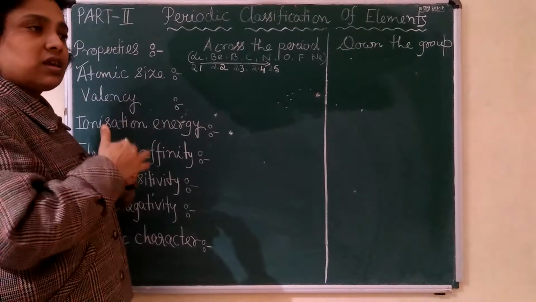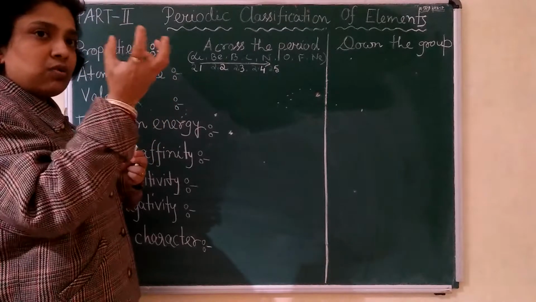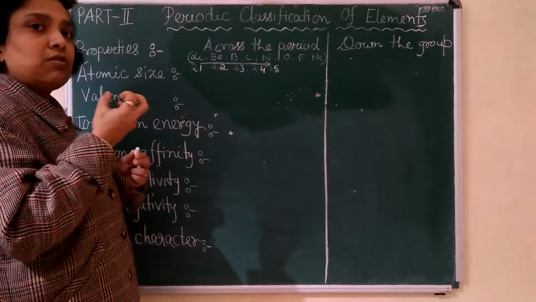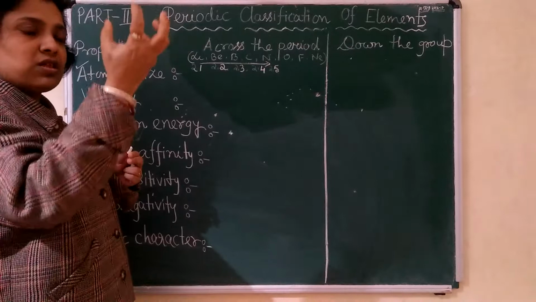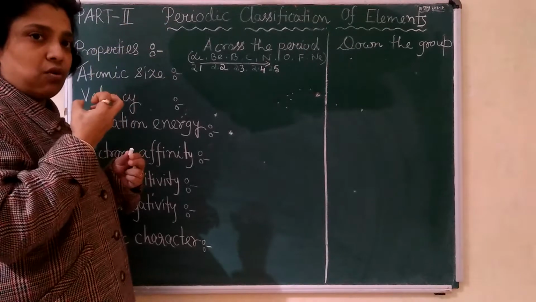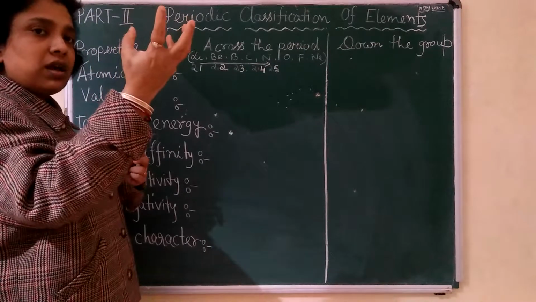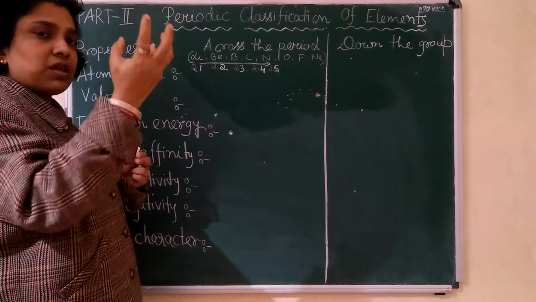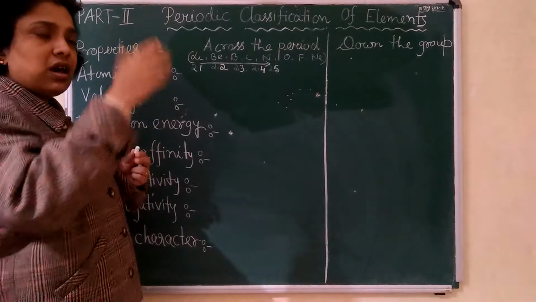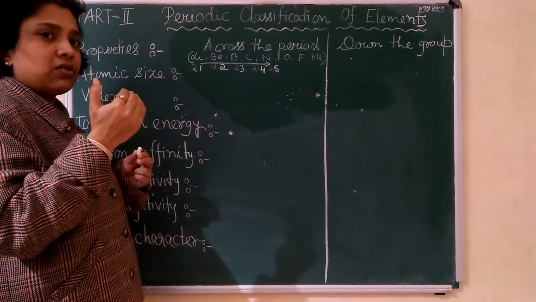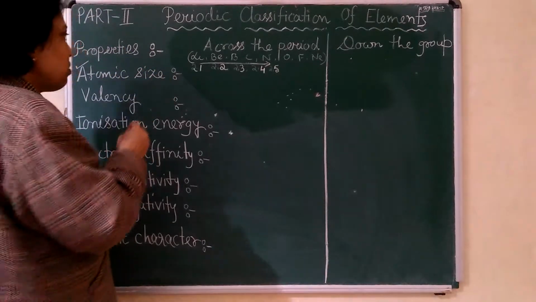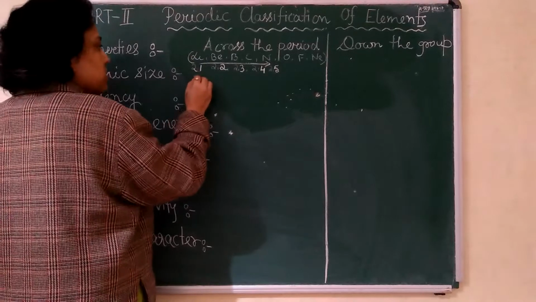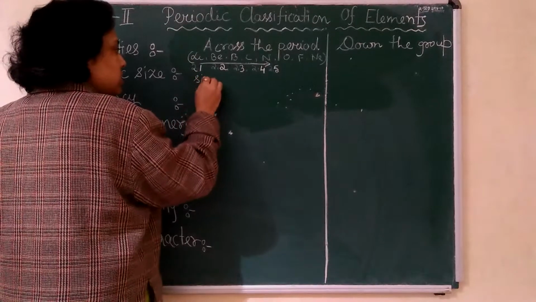When effective nuclear charge is increasing, the pull towards the nucleus will be more. So when the pull is more, the electrons present in the outermost shell will come closer to the nucleus, and due to that reason size will decrease. So across the period size decreases.